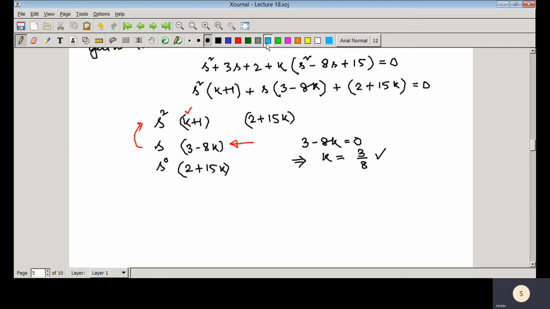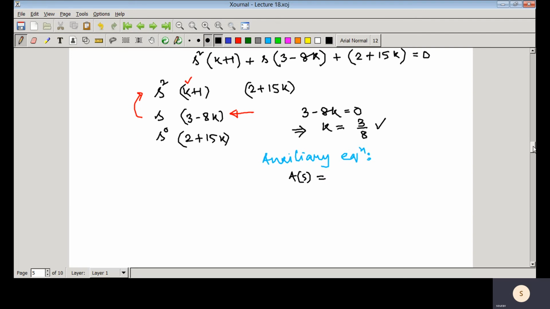So the auxiliary equation becomes 11 by 8 s square plus 61 plus 8. And from this particular auxiliary equation, you can find what the roots would be.